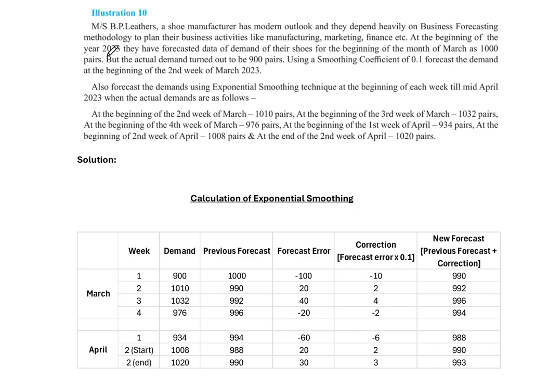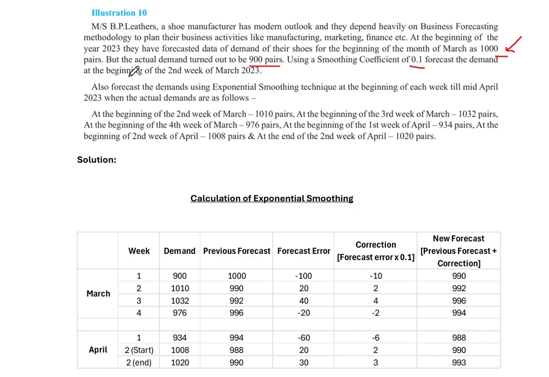At the beginning of 2023, they forecasted the demand for their shoe at the beginning of March as 1000, but the actual demand turned out to be 900 pairs. Using a smoothing coefficient of 0.1, forecast the demand at the beginning of the second week of March 2023.